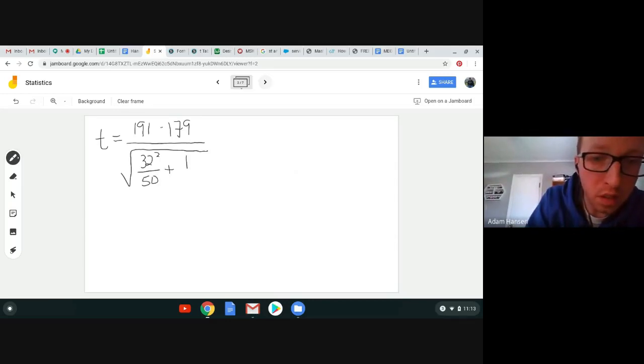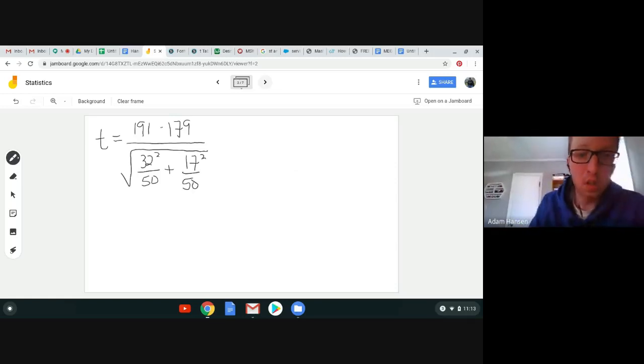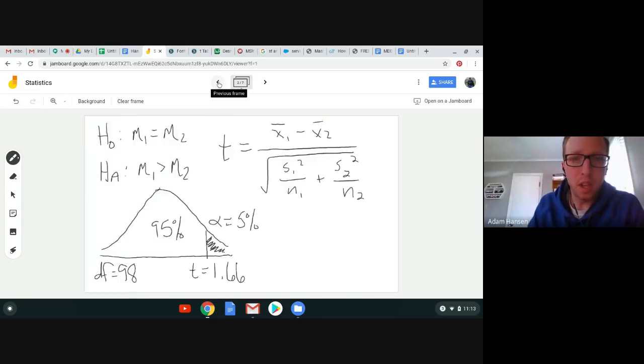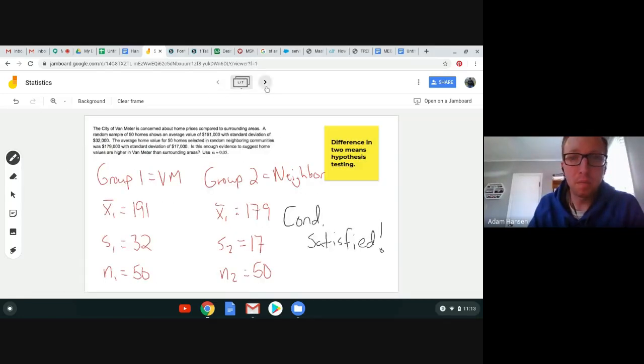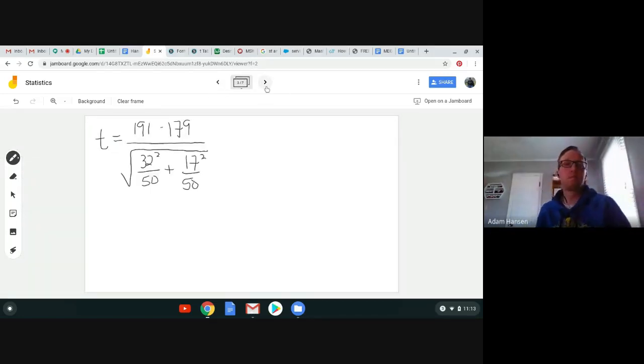I think it was 17 that I just read. Double check that. Yep. All right, here's the t-score for our sample of homes in Van Meter and their surrounding communities.